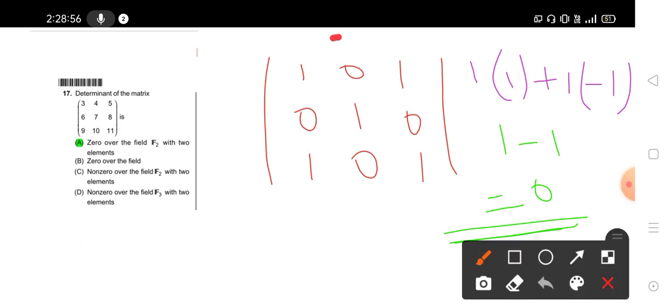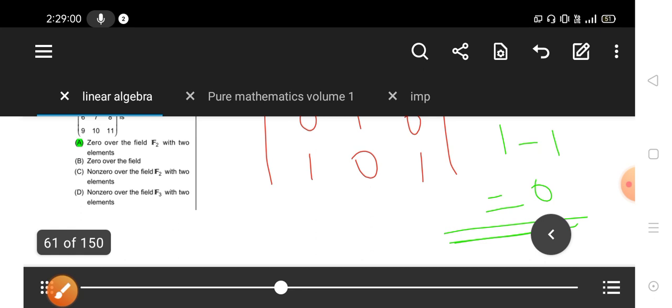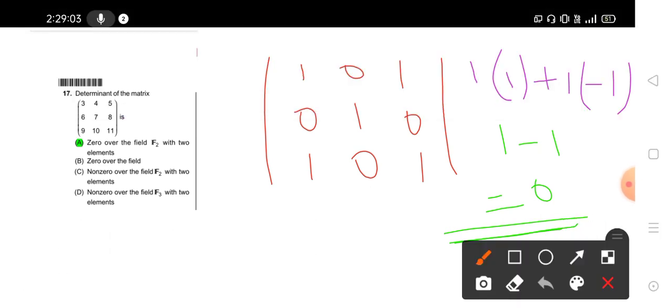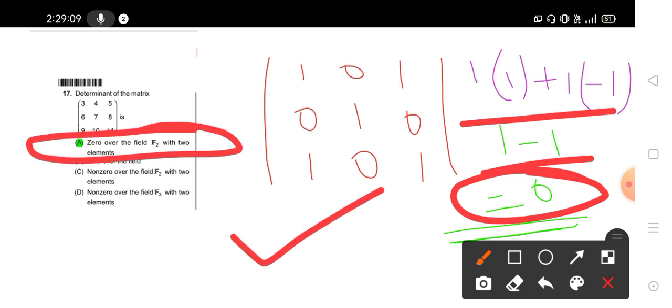Write the whole matrix and find the determinant. Finally I find the determinant equal to 0 over the field F2 with 2 elements. This is correct. Therefore option A is correct.